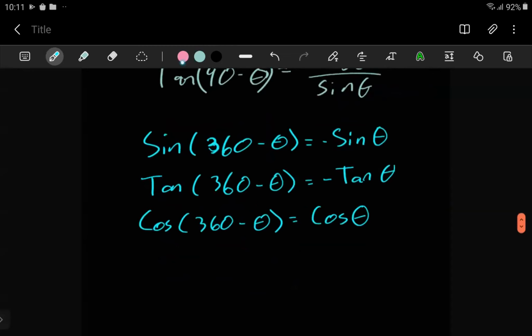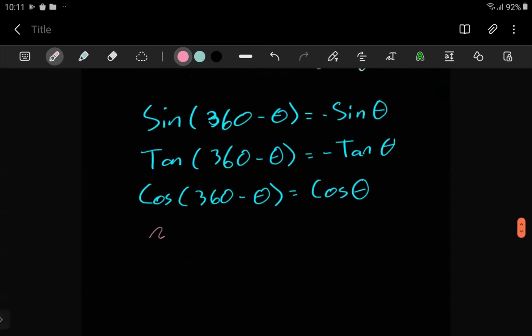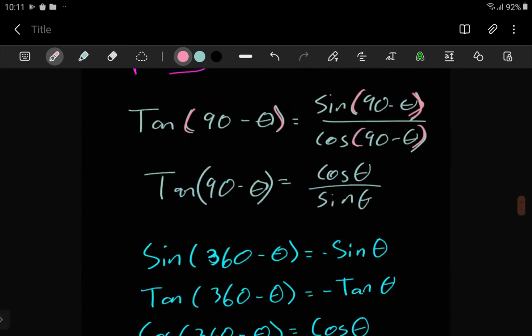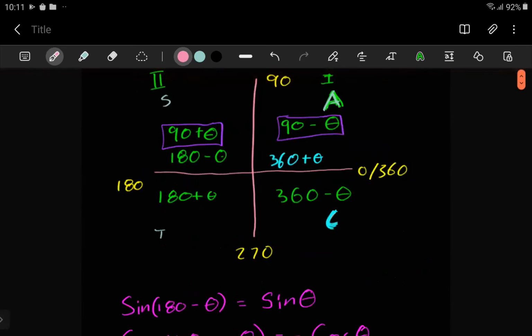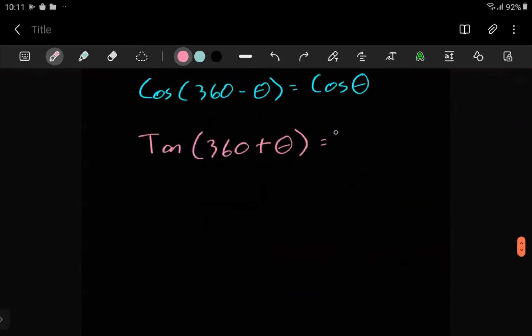So what about the pluses now? Say we have tan of 360 plus theta. What is this one going to be equal to? Still minus. Oh, snap. Positive, because in the first quadrant, everything is positive.